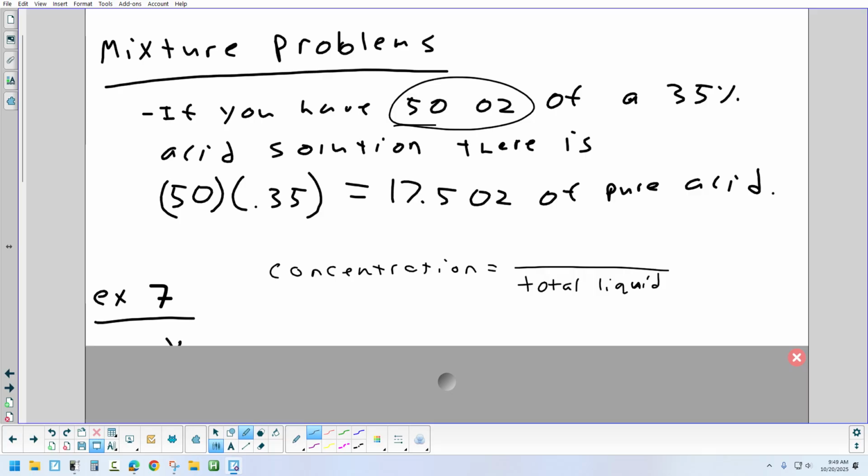That's the part I'm interested in. Well, in this case, I'm interested in the total acid. That's how you figure out the concentration: find the total amount of acid and divide by the total liquid. So if I gave you 100 gallons and 30 of it was acid, that's a 30% solution. 30 out of 100 gallons.